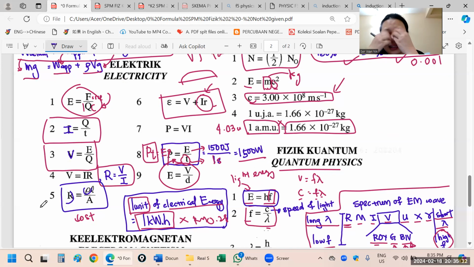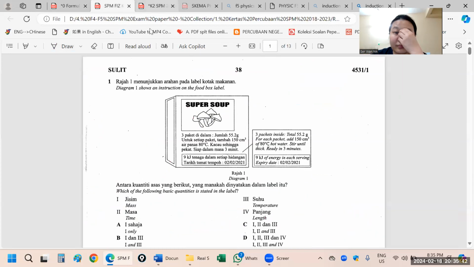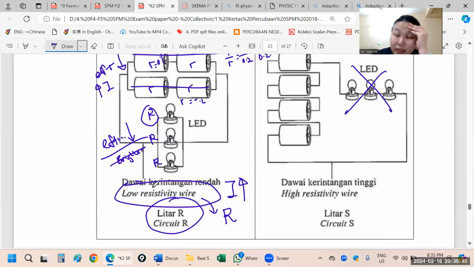They are a little bit similar, but they are different physical quantities. So you can say low resistivity, you can say low resistance. Okay.